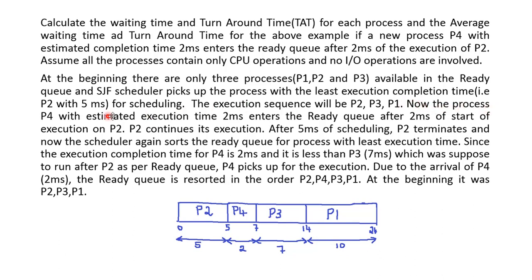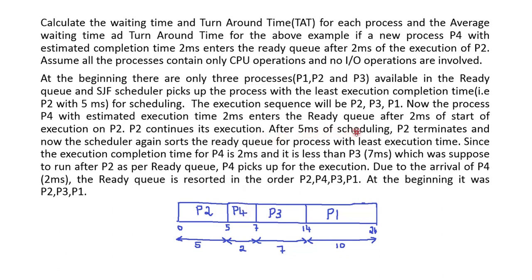Now the process P4 with estimated execution time of 2 millisecond enters the ready queue after 2 millisecond of start of execution of P2. P2 has total execution time of 5 millisecond. After 2 millisecond of execution of P2, P4 enters the ready queue.